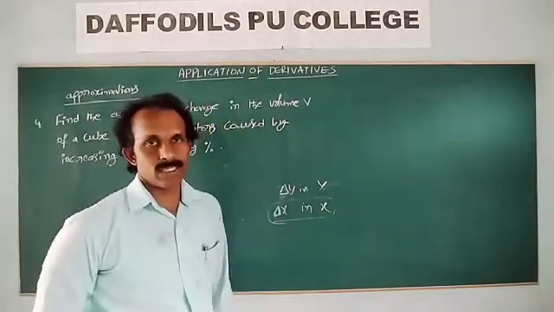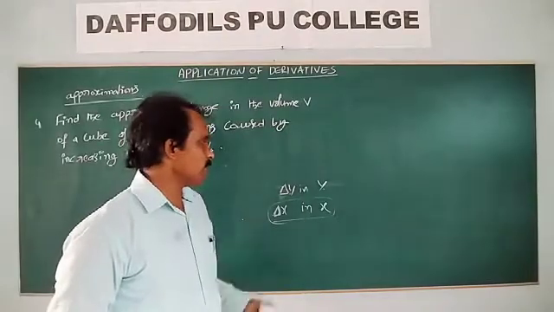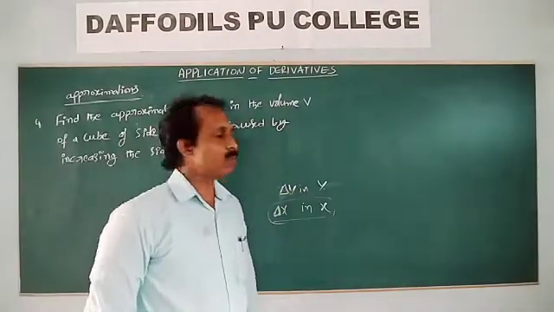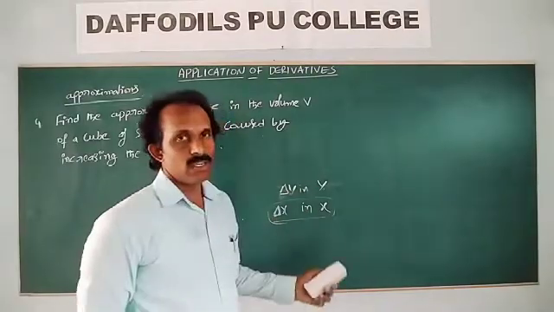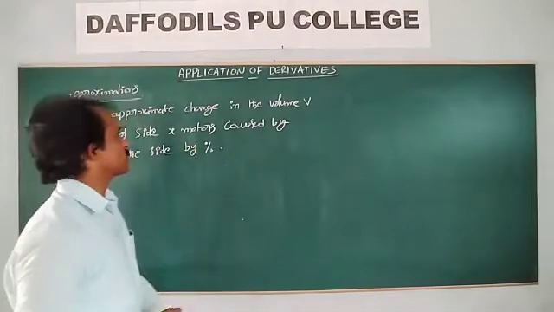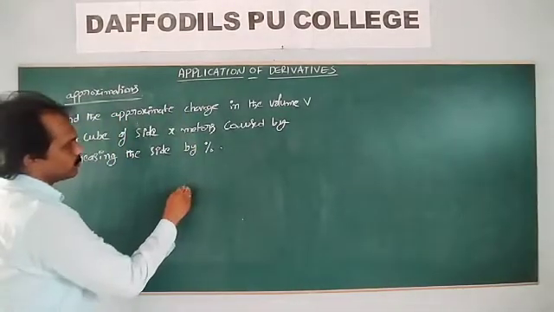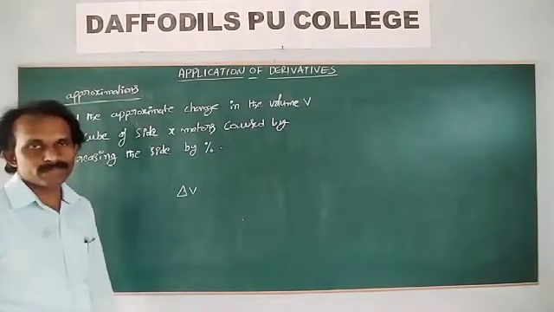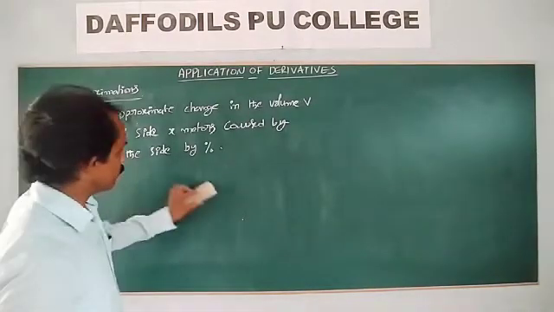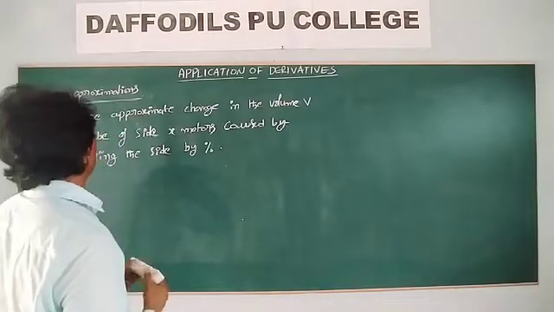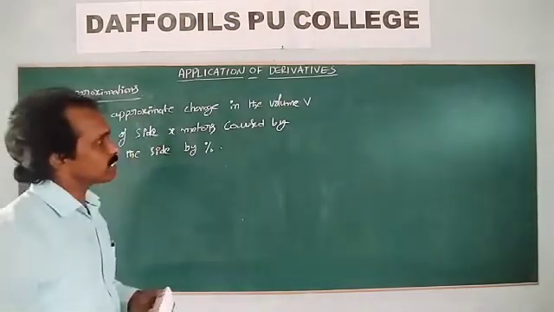Delta y is not equal to the differential of y, that's why this is the approximate value. You want to find delta v, that is nothing but dv, the differential of v. Find the approximate change in the volume v of a cube of side x meters.